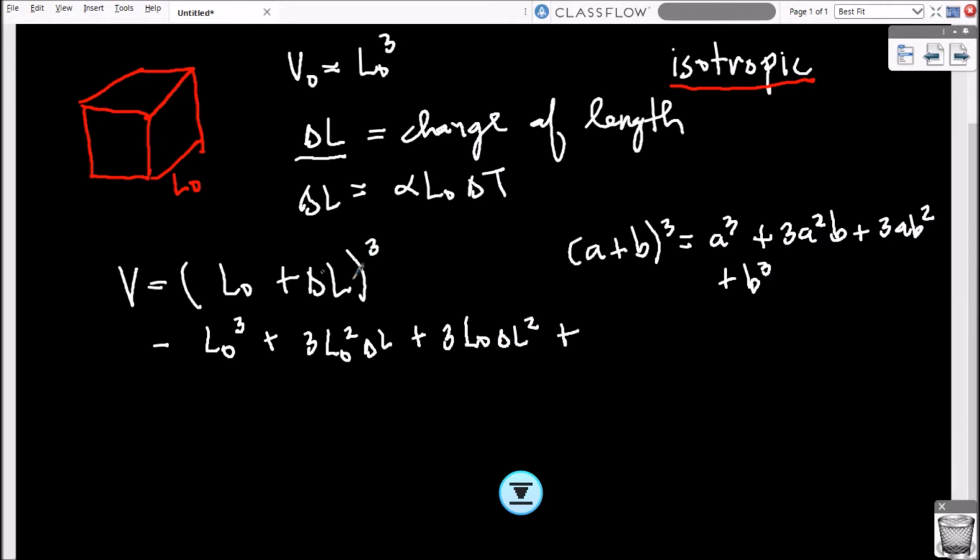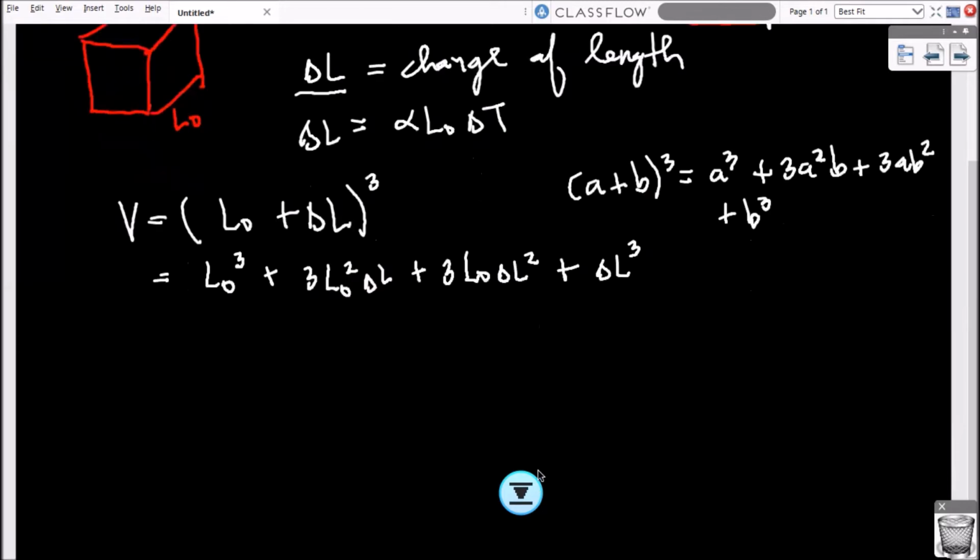B here is delta L, then we have delta L cube, right? So let us simplify. That's L of O cube plus 3 L of O squared.